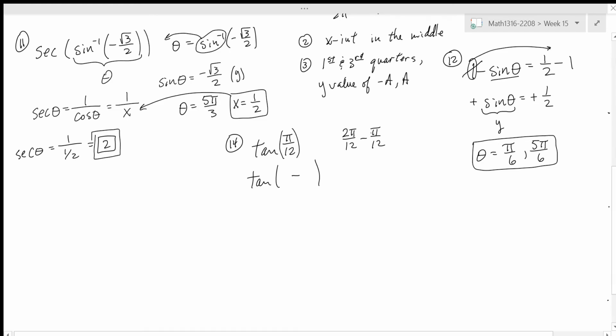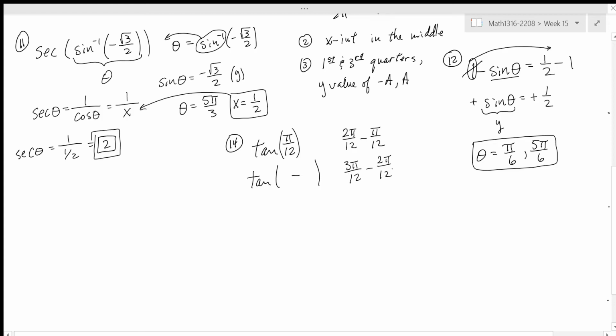And are both of those angles in the unit circle? Now the first one is pi over 6, but pi over 12 is not in the unit circle. So this is not the pair that I want, and so we're going to increase. How about 3 pi over 12 minus 2 pi over 12?